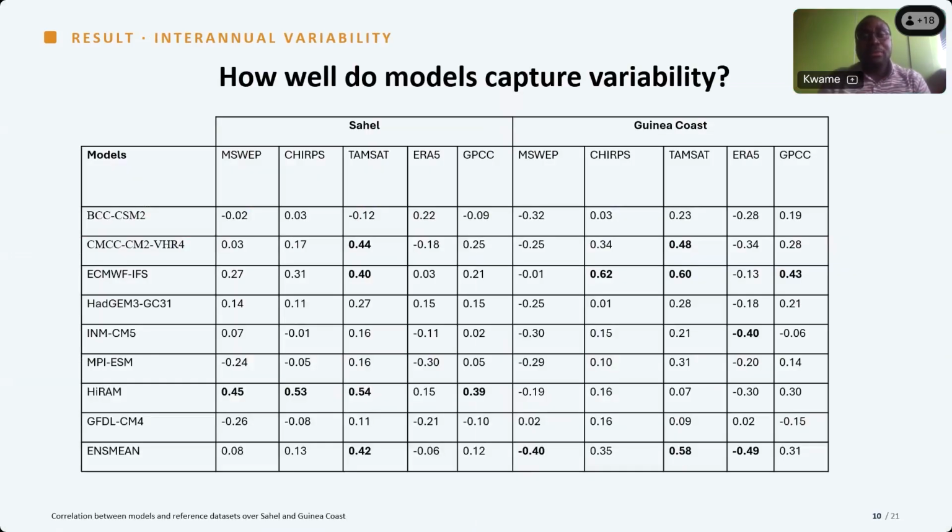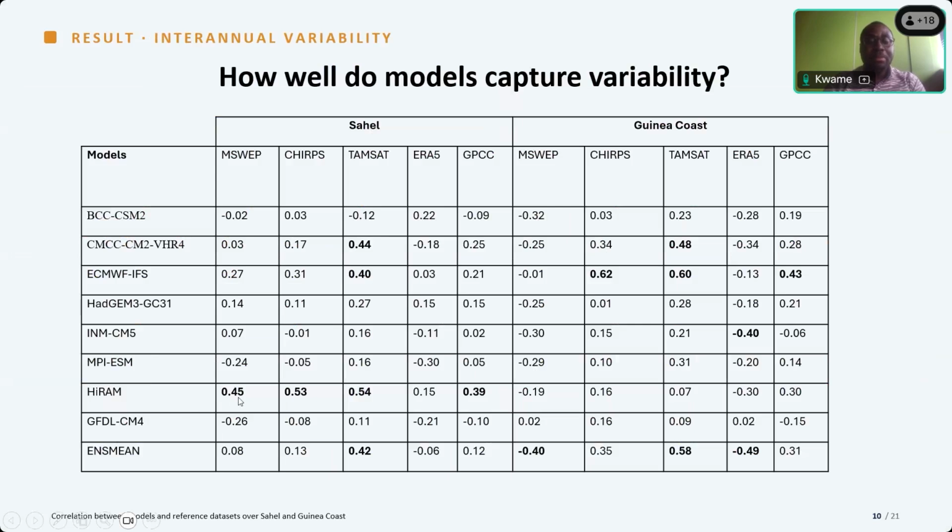In order to quantify it, we looked at the correlation between each model and the reference data sets we are dealing with, whether there was a correlation when it comes to the interannual variability. A clear picture is seen over here that, for instance, over the Sahel, models agreed much better with TAMSAT. The bolding text simply shows the statistically significant results where models had a statistically significant correlation with a reference data set.